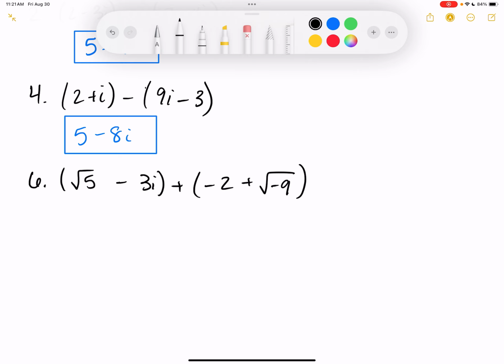Take out an i on the negative 9. And what's the square root of 9? 3. So this is going to be square root of 5 minus 3i plus negative 2 plus 3i. So then negative 3i and positive 3i cancel, so I'm just left with square root of 5 minus 2.